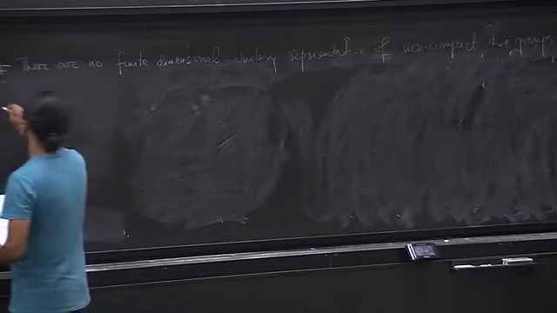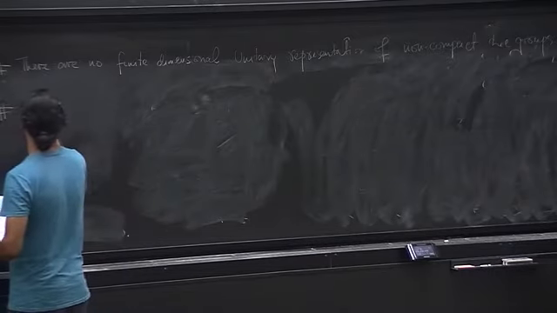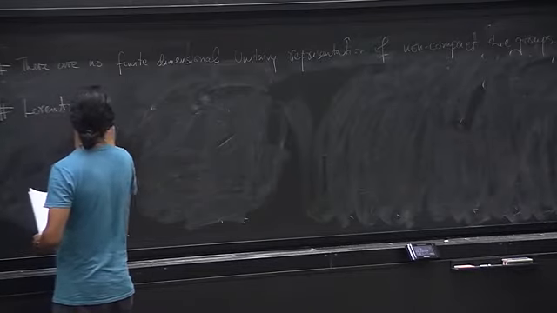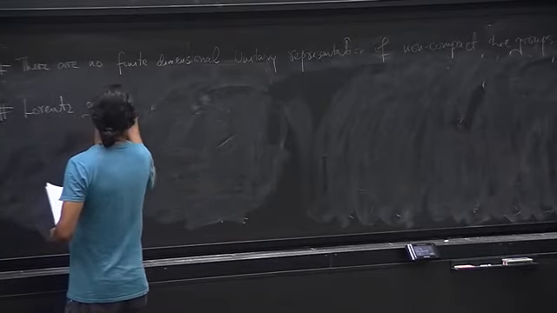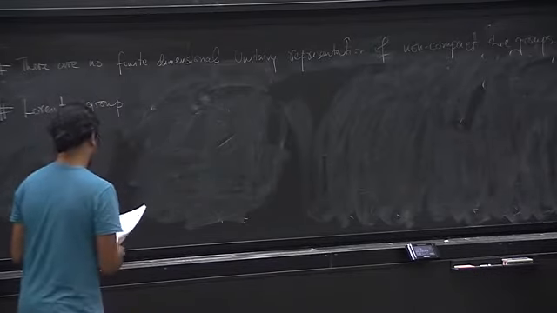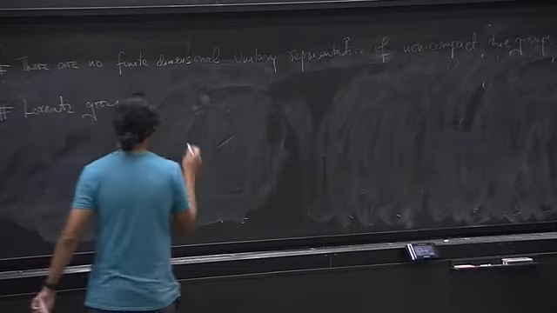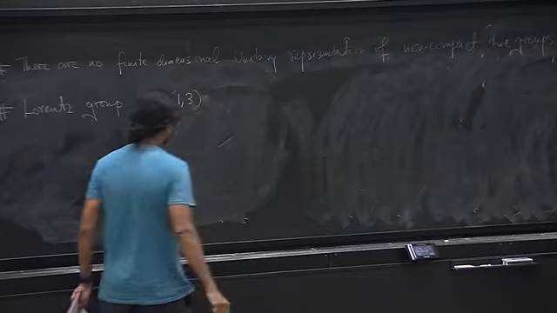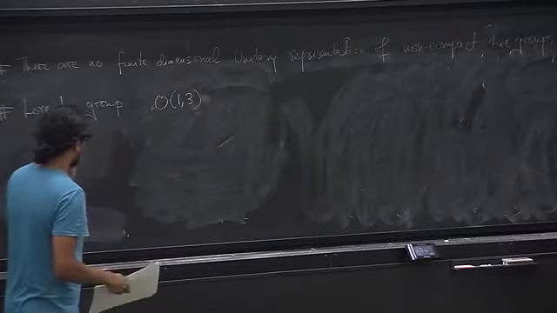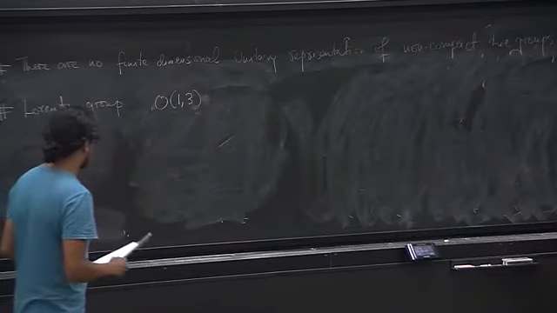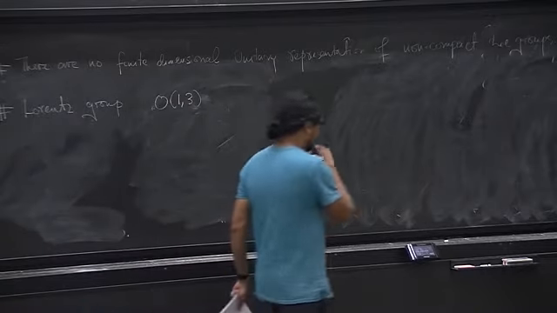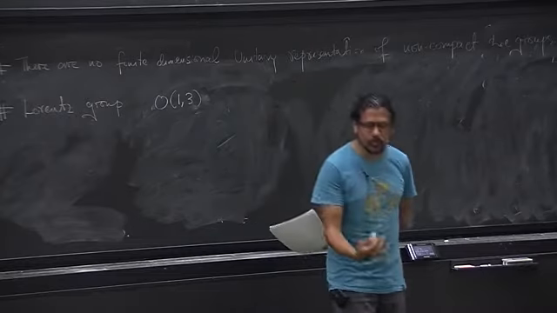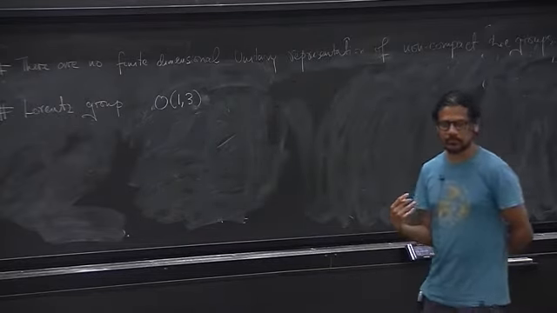Okay, so the most famous example is the Lorentz group. Technically, the Lorentz group is O(1,3). And the subgroup, what we call the rotations and the Lorentz boosts, is a subgroup.